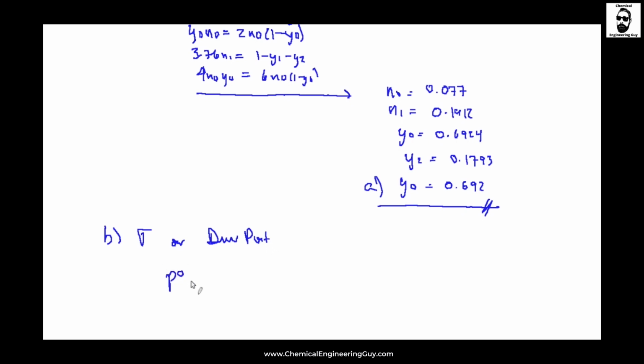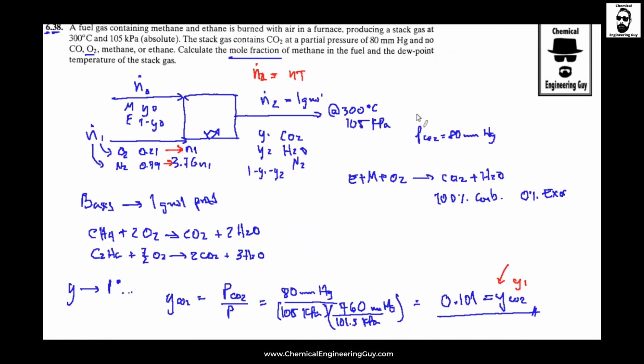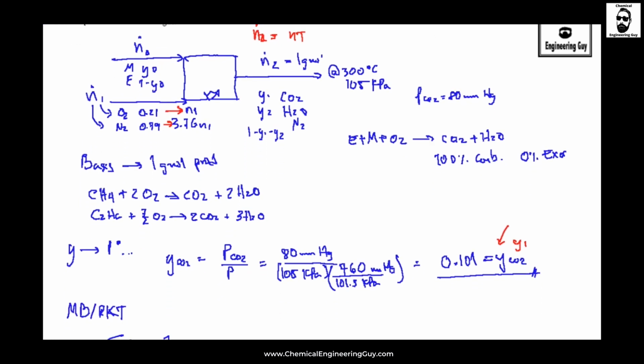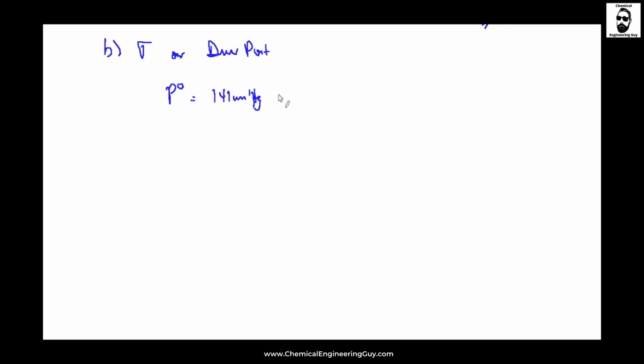So the vapor pressure equals 141 millimeters of mercury. Let me just double check that. If you check in tables, you will find the temperature equals 59 to 60 Celsius. So that's the dew point, guys.